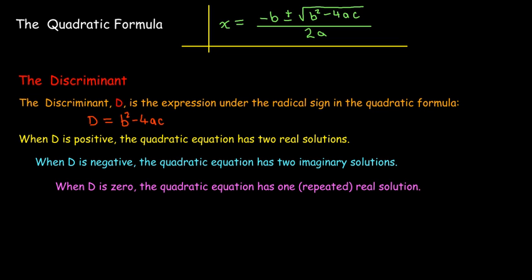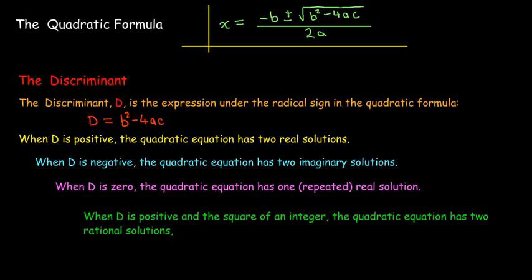And then finally, if d is positive and a perfect square, then I will get rational solutions. So remember, rational solutions have no square root sign in them.